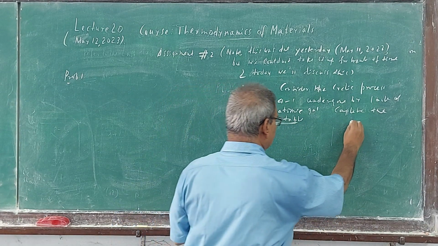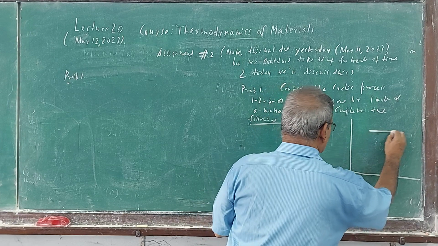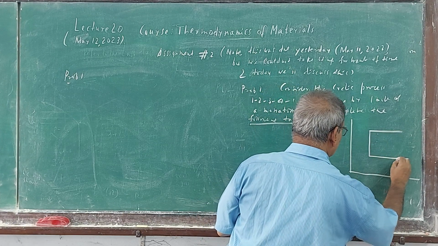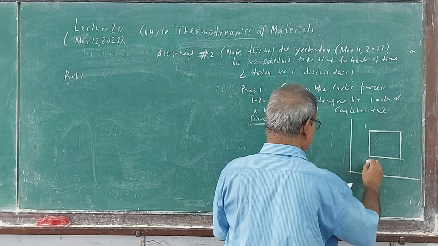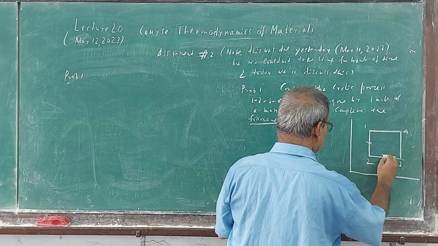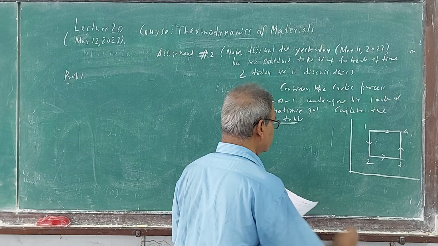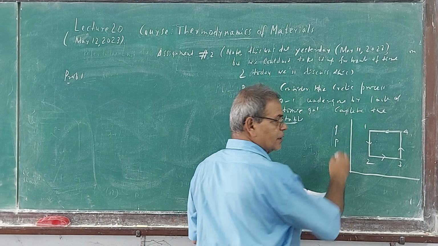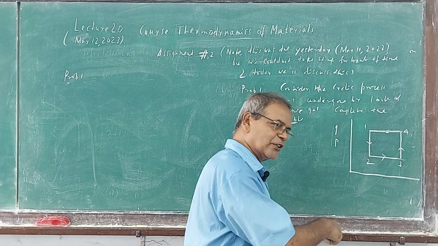Before this, let me do the 1, 2, 3 procedure. This is your 1, 2, 3, 4. 1 to 2, 2 to 3. This is a pressure-volume PV diagram. Remember it is actually on the PVT surface, but all projections are on the PV.